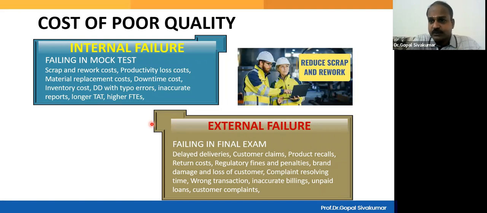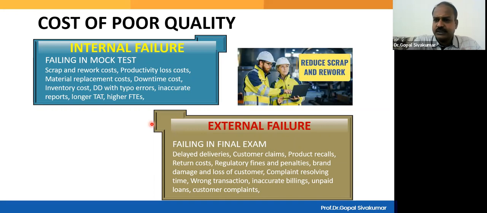For example, the electric vehicle getting recalled from the market, and similarly there are many automotive companies that have recalled their vehicles, two-wheelers and four-wheelers, because of certain problems associated with a particular system of the vehicle, and the company has to bear the entire expense in replacing a particular part or a system, and that's again a cost of poor quality, categorized as external failure.